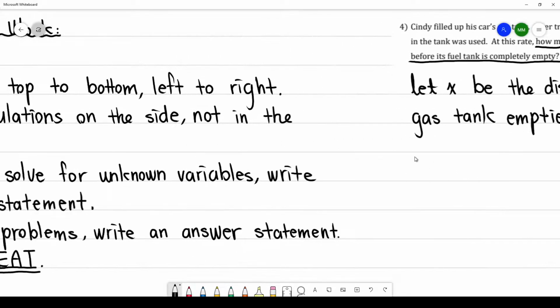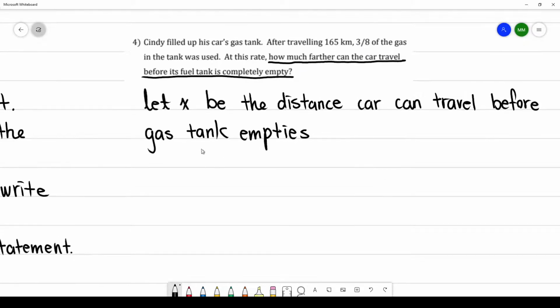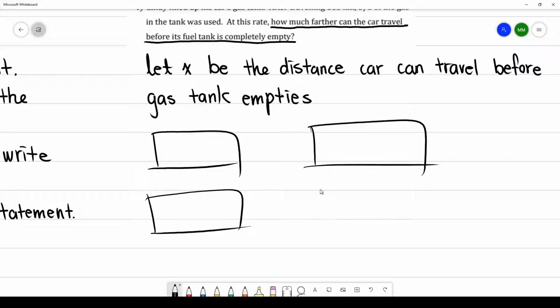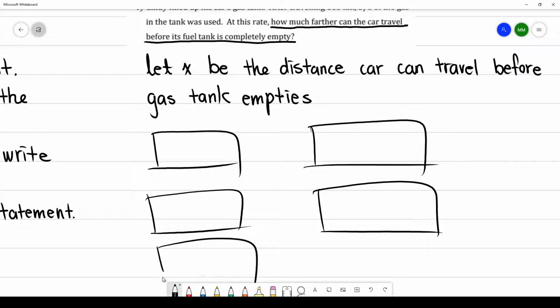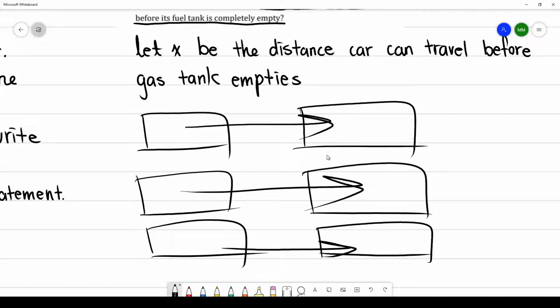So after this, write from top to bottom, left to right. If there is space, always just write from top to bottom. Don't write from left to right because it gets confusing. If you have a block of writing over here, and then over here, and then over here, it sometimes gets confusing whether you are going this way or that way.